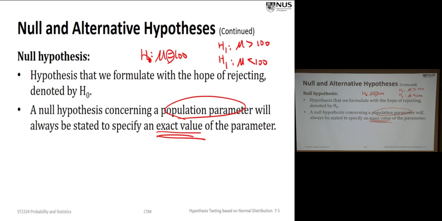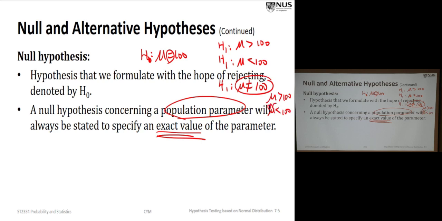Do we have other choices besides these two? Not equal, all right? Not equal means the same as mu greater than 100 or mu less than 100.